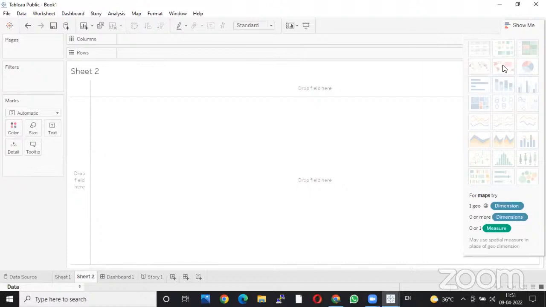We can use pie charts, side-by-side charts, dual lines, dual combination, box and whisker plots, bubble charts, and symbol maps. So we have various options to visualize the data in this Show Me option.